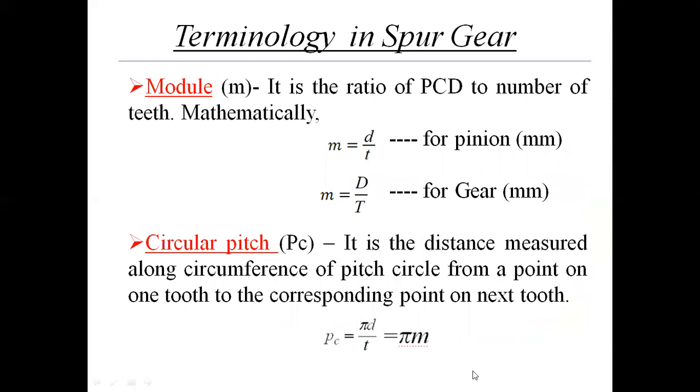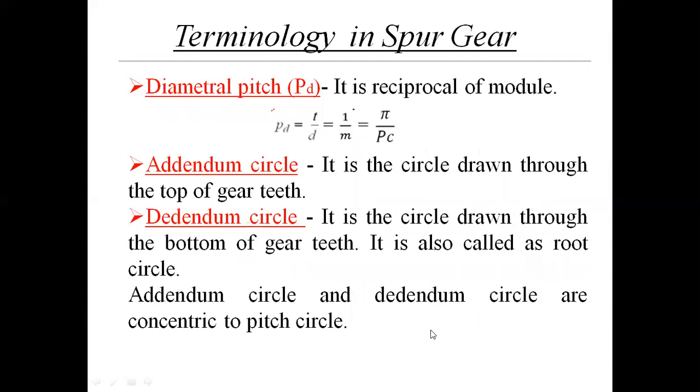So the formula for circular pitch is equal to pi, as it is on a circle, so pi is introduced in the formula, pi into d by t, which is nothing but module, so it is equal to pi into m.